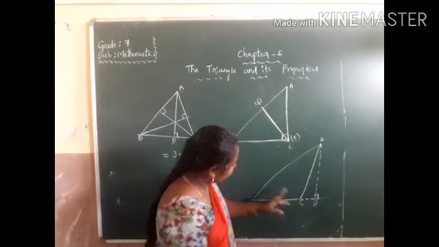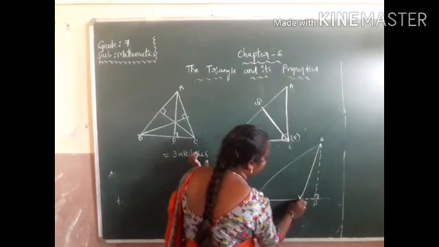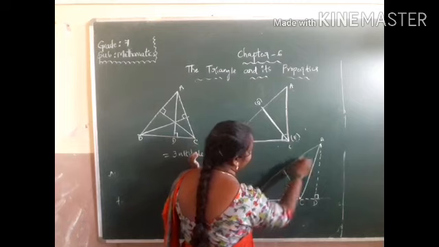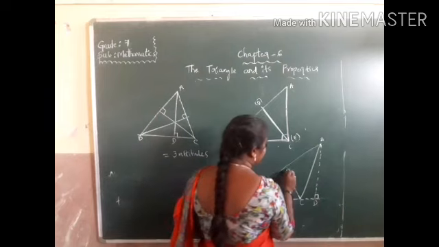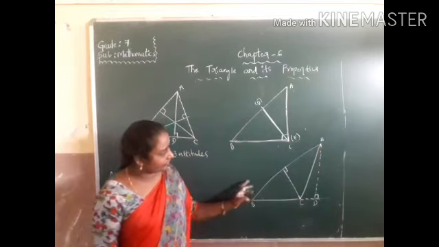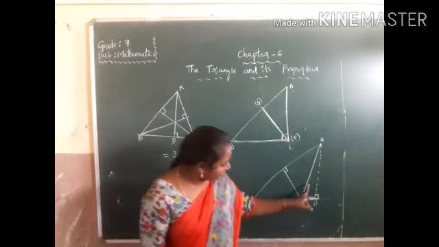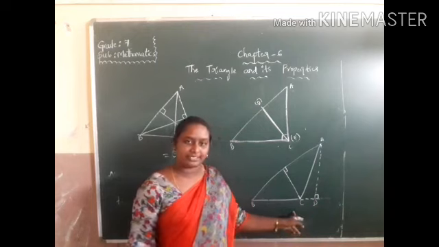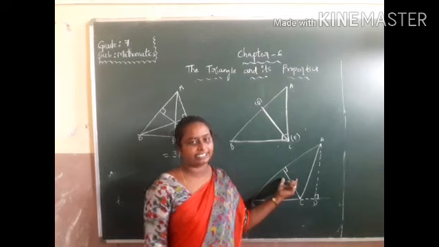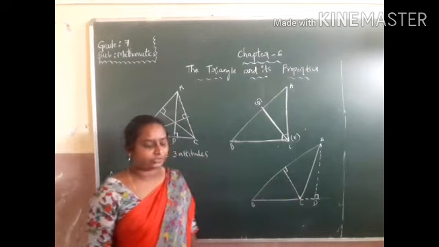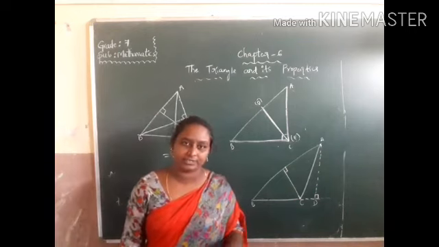And observe here C, from vertex C, the perpendicular line segment joining to the opposite side, that is AB. So it is the altitude to AB. So in an obtuse angle triangle, you have to observe two altitudes lying exterior and one altitude lying in the interior. Now you have to remember, a triangle has three medians and three altitudes.